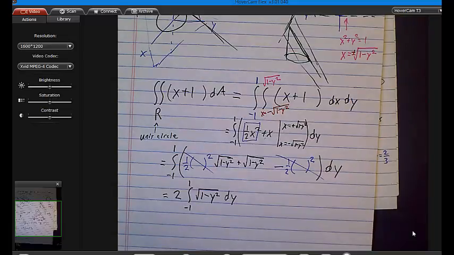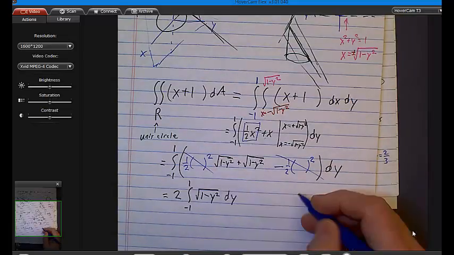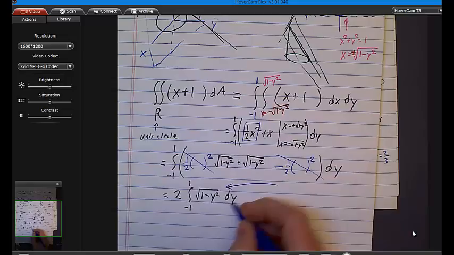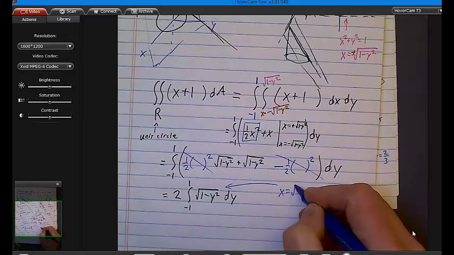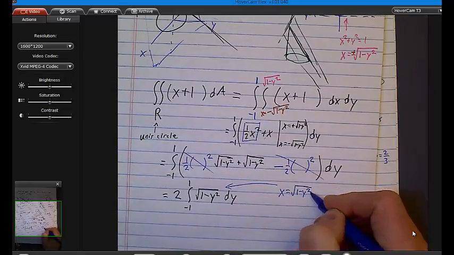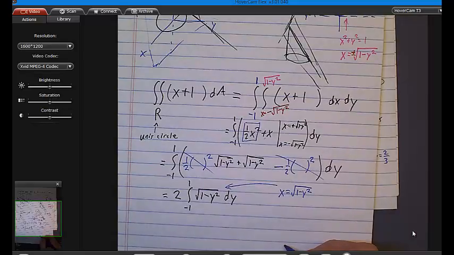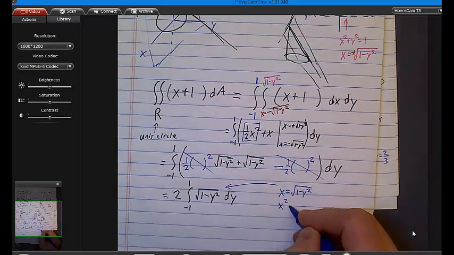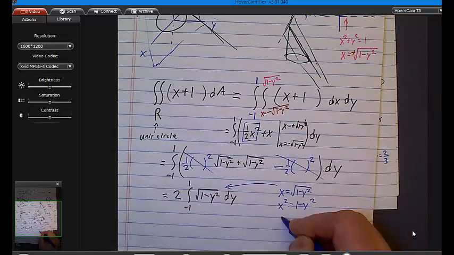Geometrically, I guess what I'm thinking is, I'm integrating the function x equals the square root of 1 minus y squared. What is that? That's x squared equals 1 minus y squared. So that's the unit circle.